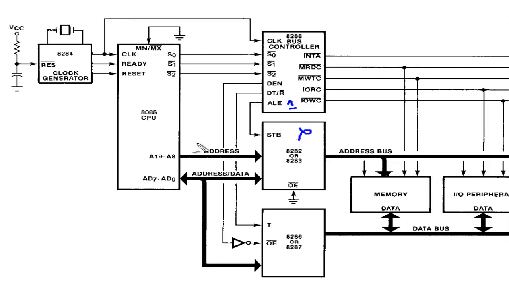The address which is here passes out and selects whatever address we want to select. But if it is 0, we activate this latch, and this latch stores the address in it. Whatever address comes up gets stored here. It's working now. And then the data enable pin, that's pin number 26 on our microprocessor.